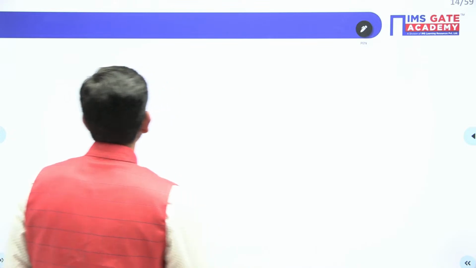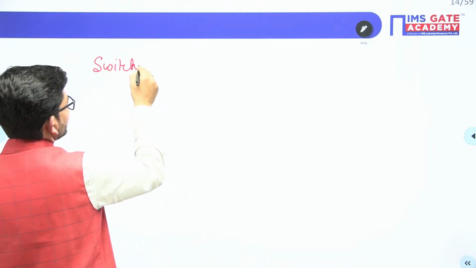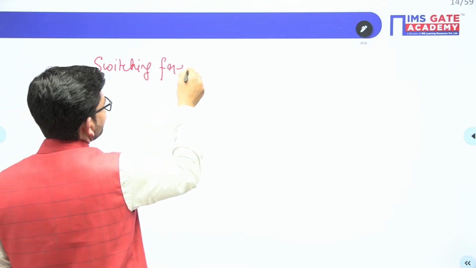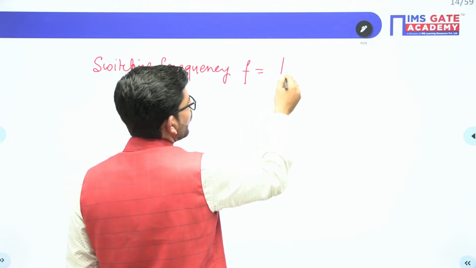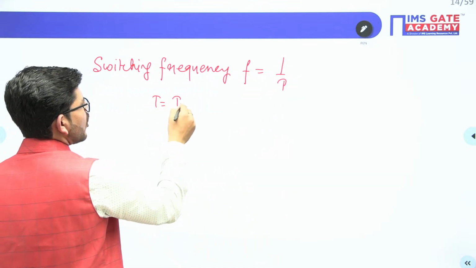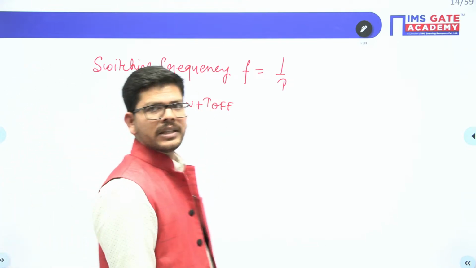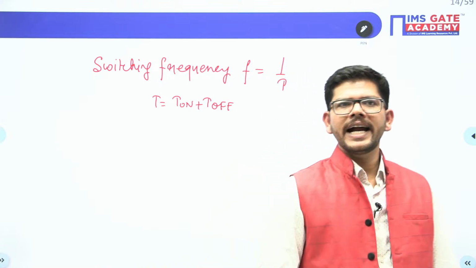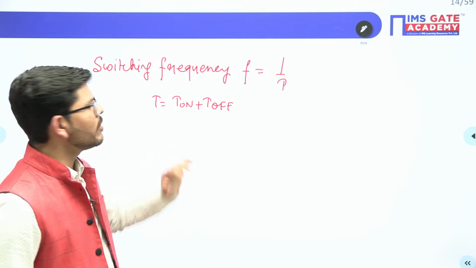So if you see the switching frequency of a switch, the switching frequency F is 1 by T. And do you know this T? T is the switching time period, so it constitutes T on plus T off time.